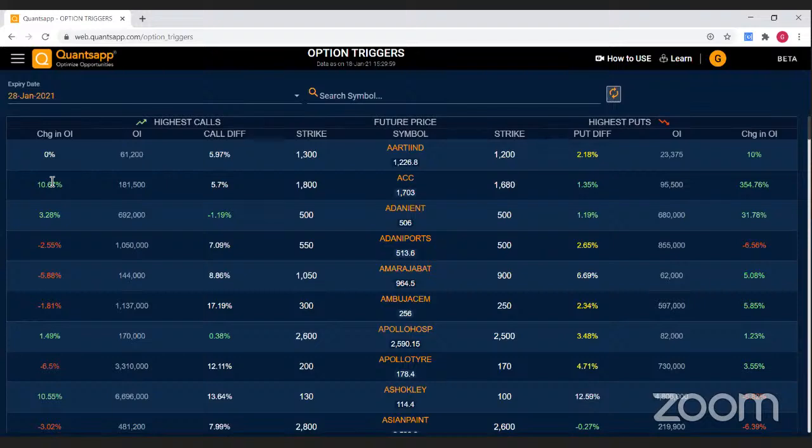So this was about the option trigger tool, and I think we have gained a bit of knowledge about how you can use this tool precisely.